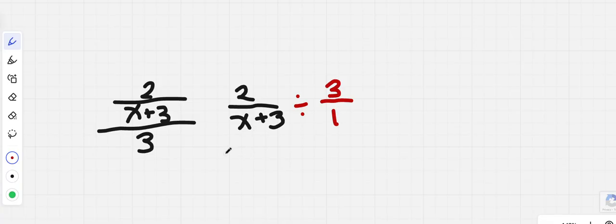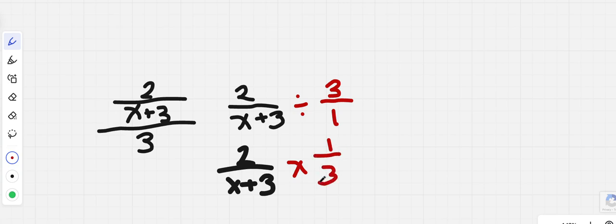We're going to do the same thing here. Rewrite the first fraction and keep it the same. So that's going to be 2 over x plus 3. Then we're going to multiply by the reciprocal. So times 1 over 3.